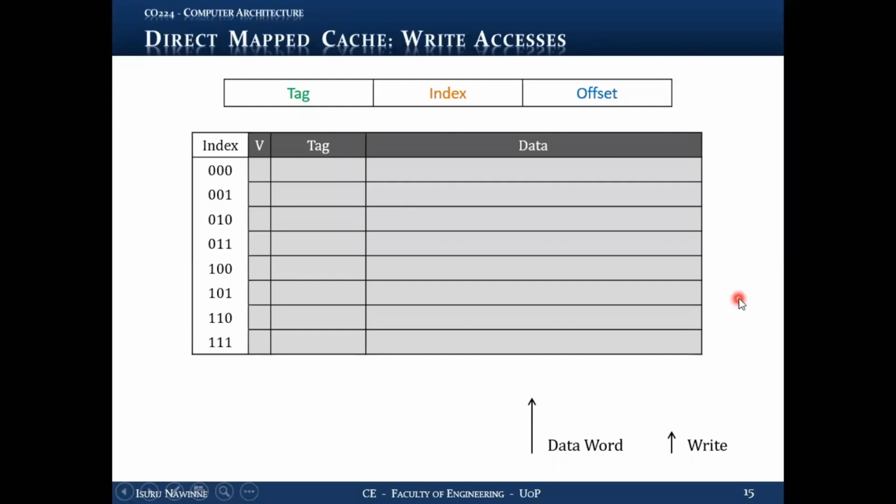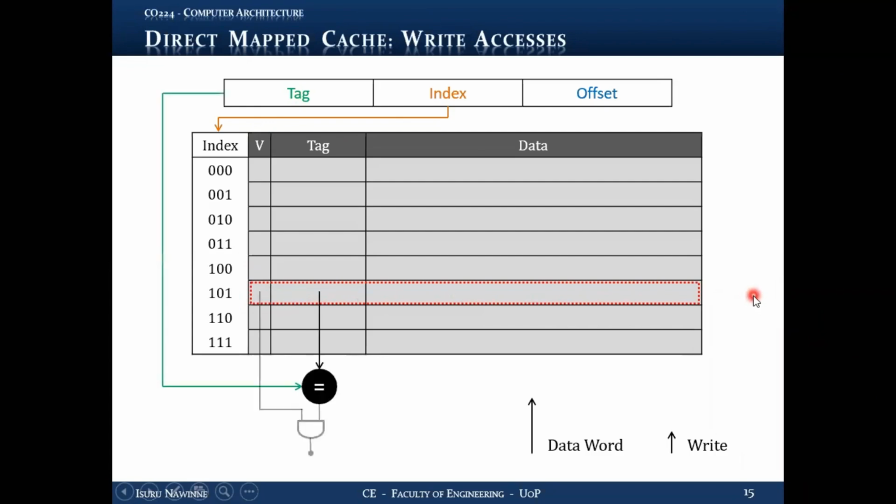Now, as before, we had to use the index field to figure out which cache entry we are talking about. So the combinational circuitry, which is basically a demultiplexer, will use the index field to point to the correct cache entry. Then, as before, we had to perform the tag comparison and the valid bit check to decide whether this is a hit, whether this is the same block that the incoming address is referring to.